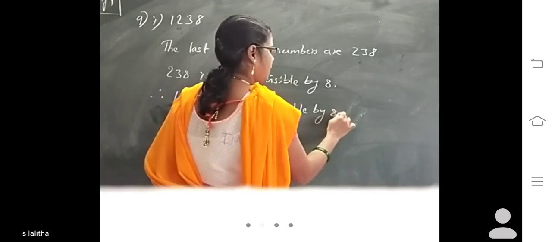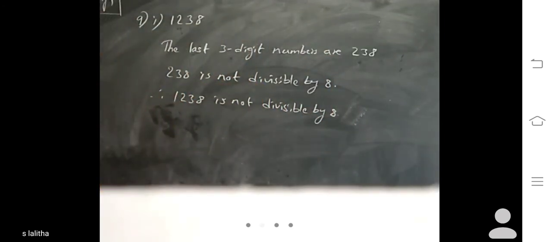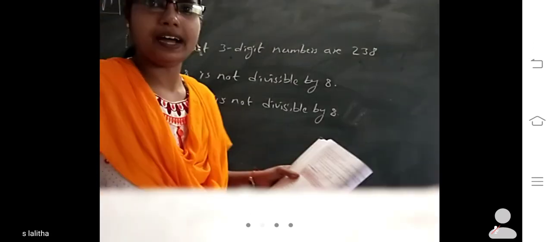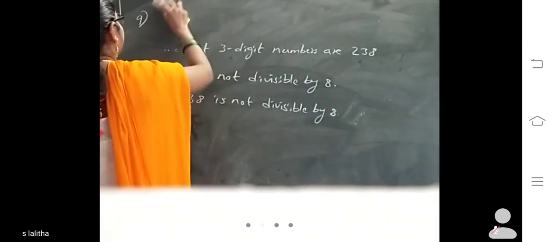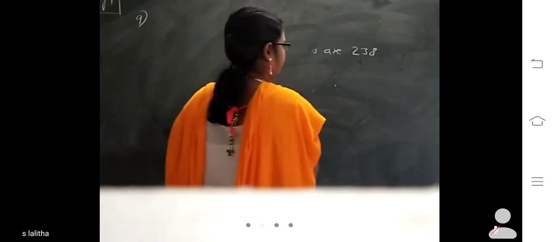Can you understand, children, how to do it? The second one is 13,576. Now in the table of 8, you have to take the last 4 digits.